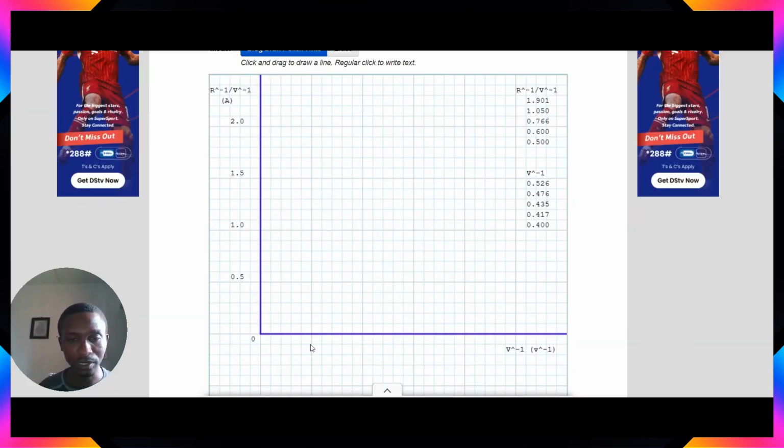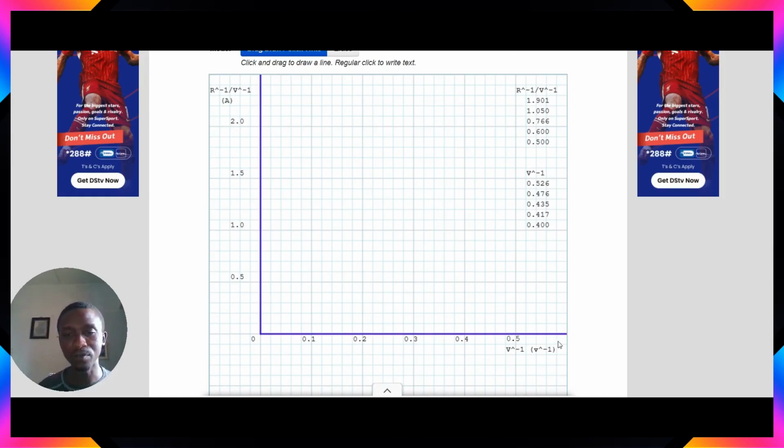So 2 centimeters to 0.1. So there should be 0.1. Then here is 0.2. Then here is 0.3. Here is 0.4. Here is 0.5.